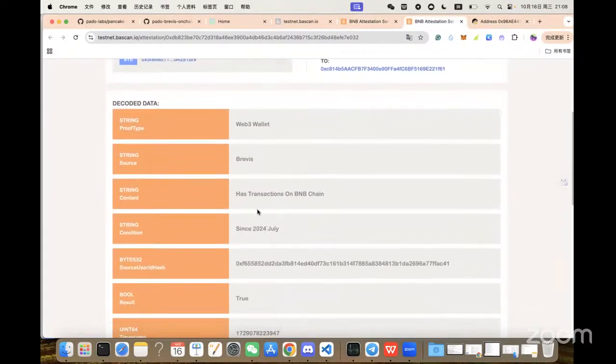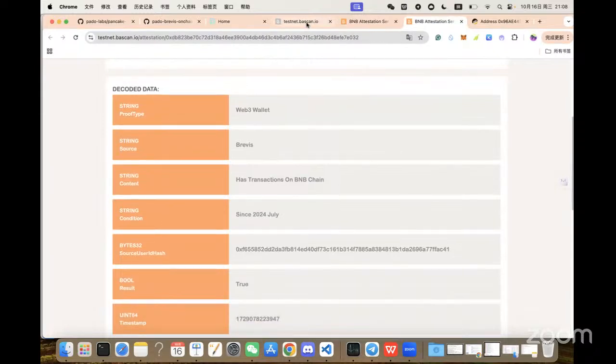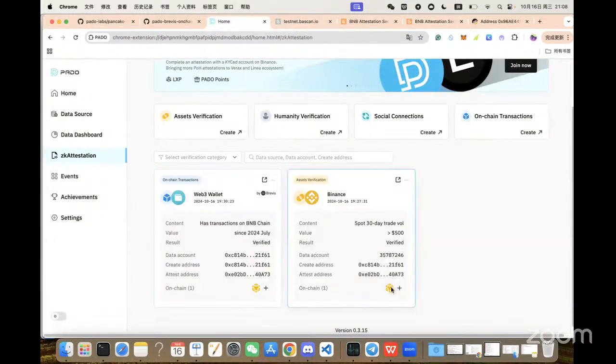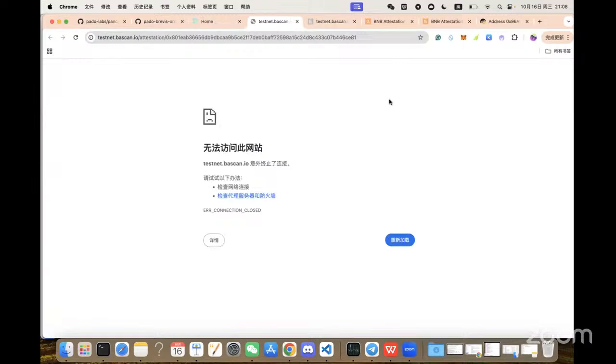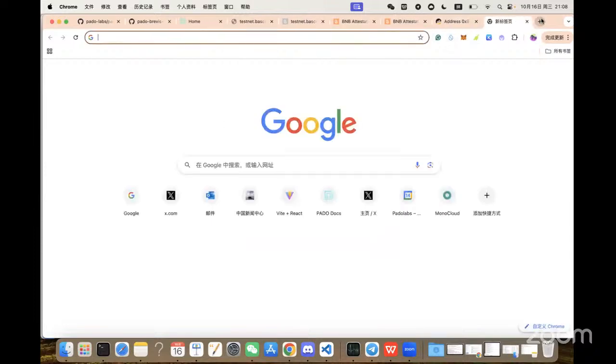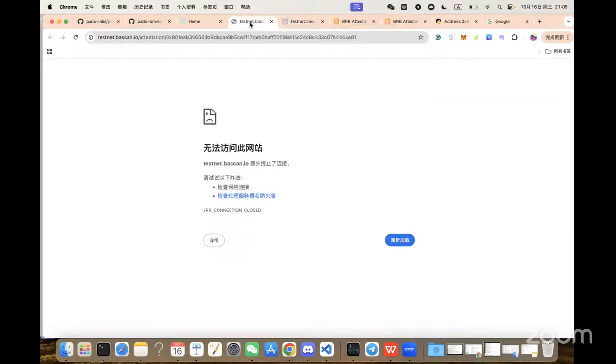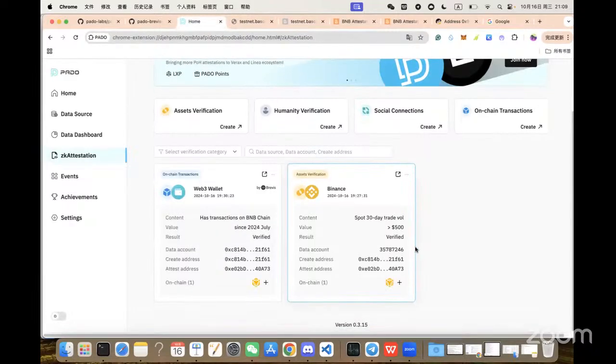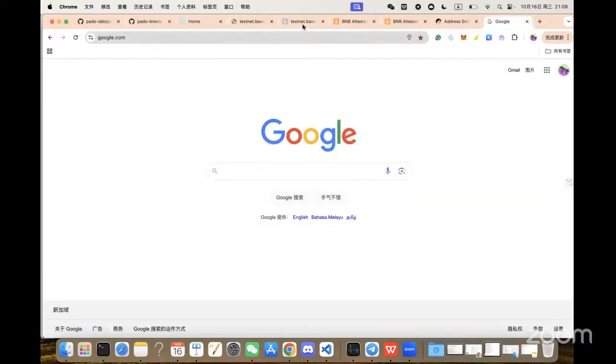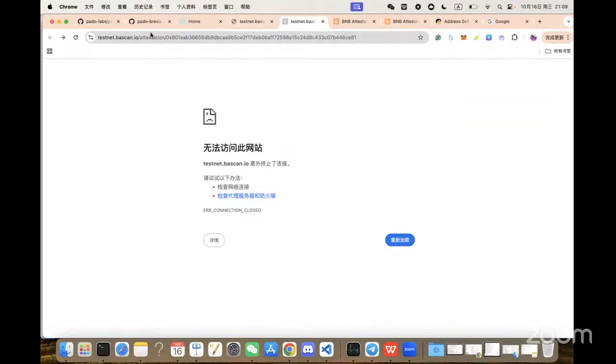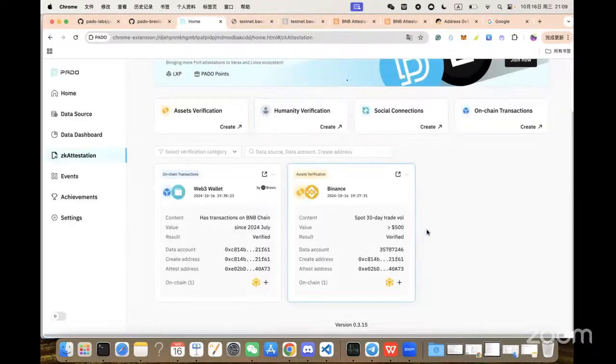There is an issue with the network. But never mind, I think the network works, but the attestation framework failed. So never mind, these are the two attestations.